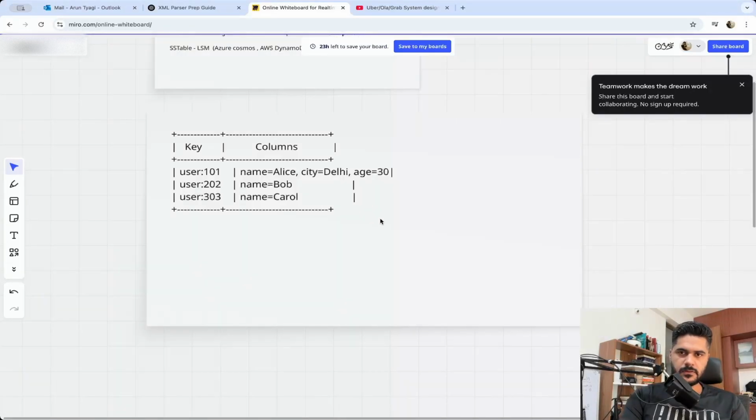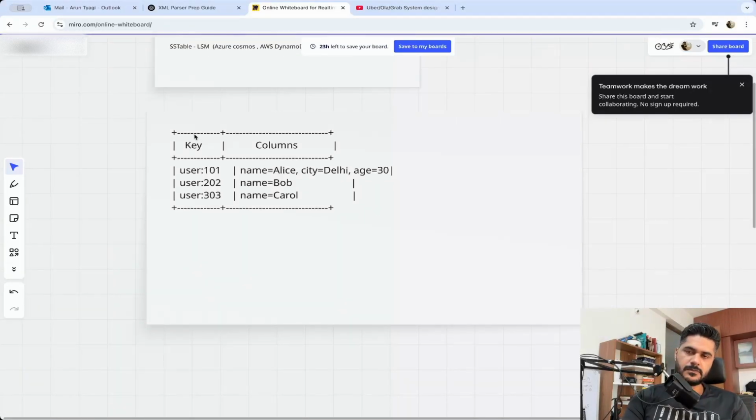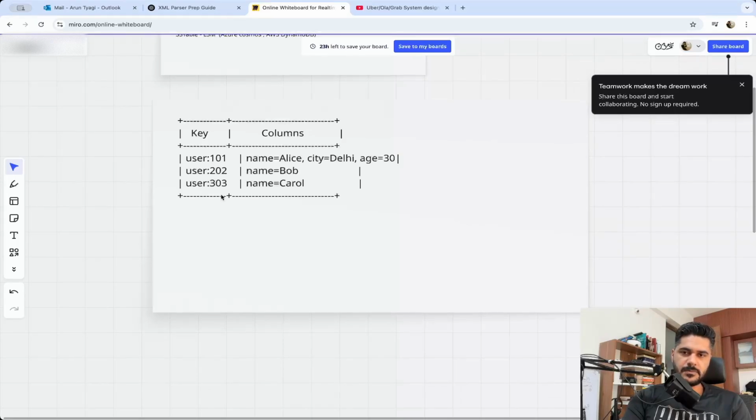So think of a table like this, right? Your data has to have a simple partition key defined. Like here, I'm taking this as my key, where my user is 101, 202, 303.